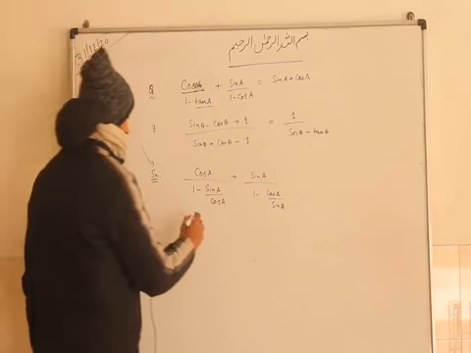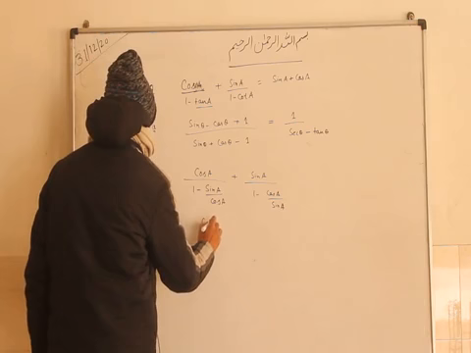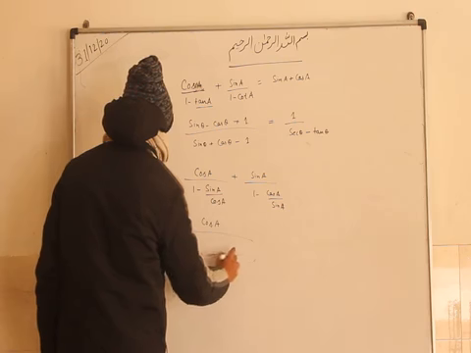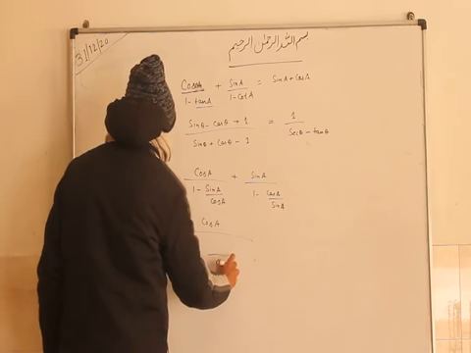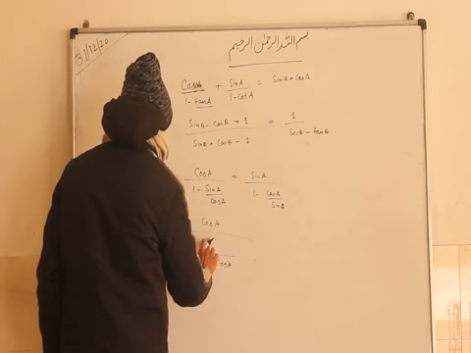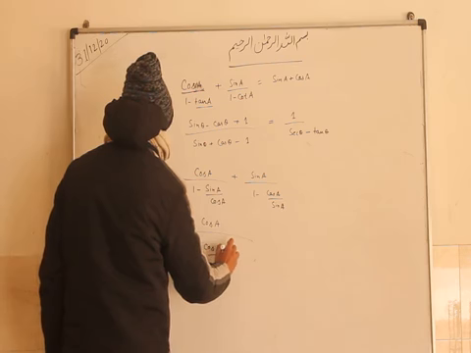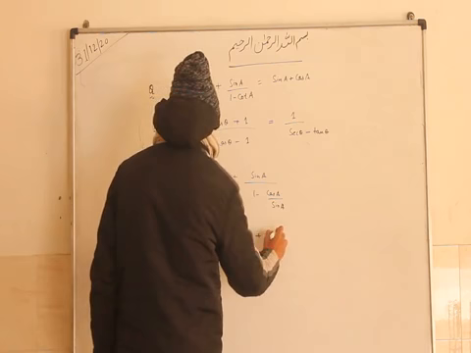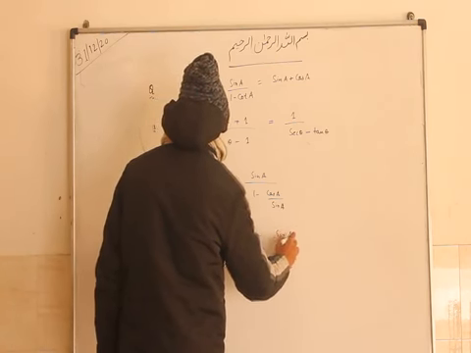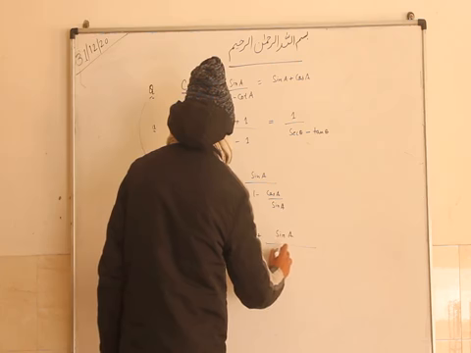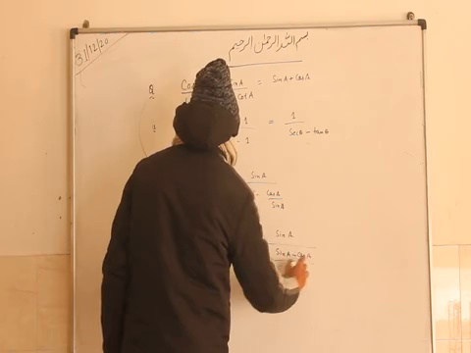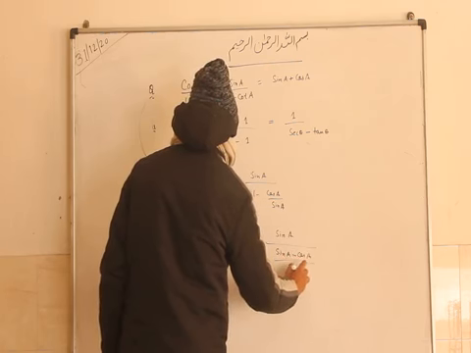Okay, so now see that this is your cos A, and here we can take the LCM, that is cos A, and it will be cos A minus sin A. Similarly here, this is your sin A, and we can take the LCM, so it will be sin A minus cos A upon sin A, right?